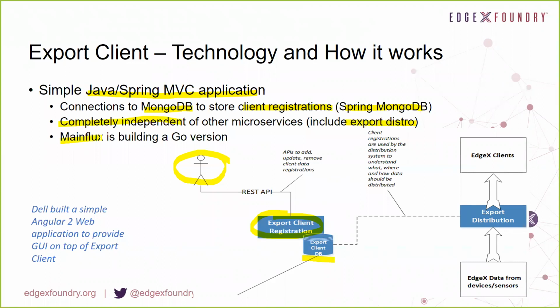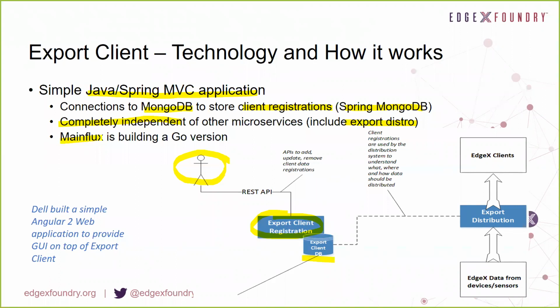Janko Izidorovich is the chairman of the applications working group that's actually in charge of these two services. And they're actually doing some work to improve the export services, but they're also doing work to replace, in particular, the export client with a Go version of this same service. So again, it is an independent microservice like all EdgeX services are, but this one in particular really is fairly simple and just about registering clients for the need for data coming out of EdgeX.